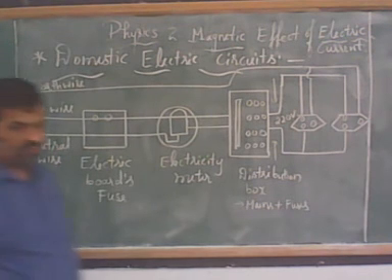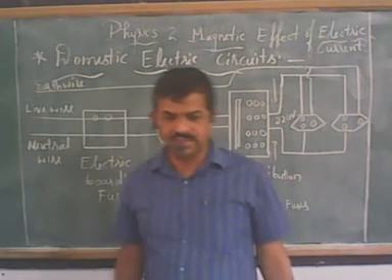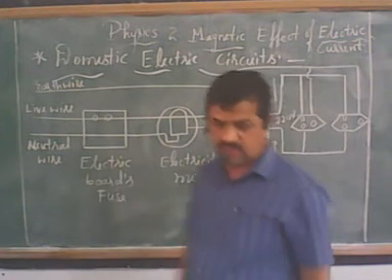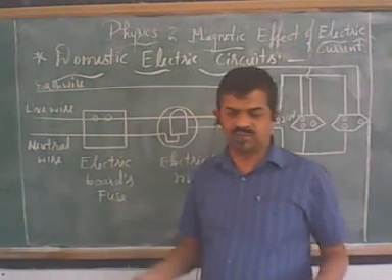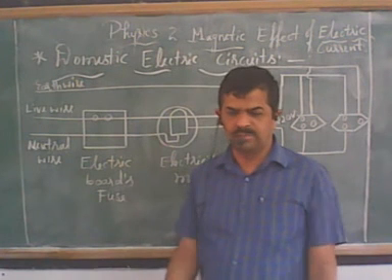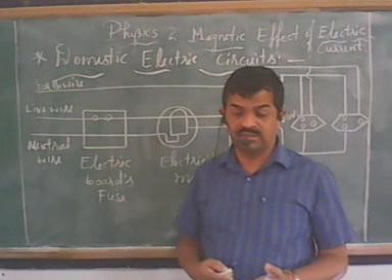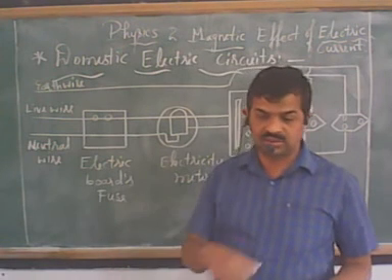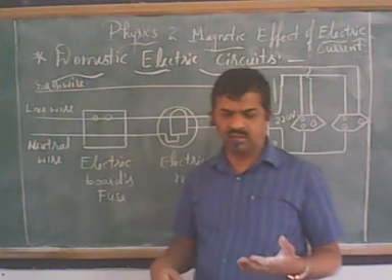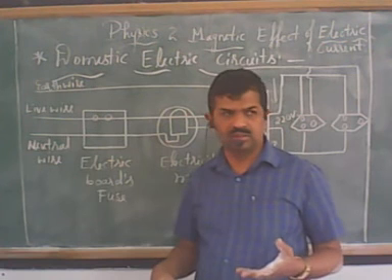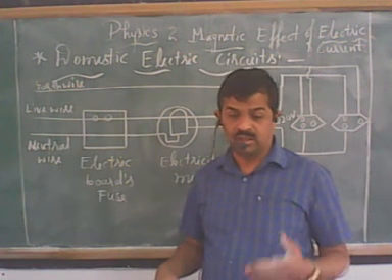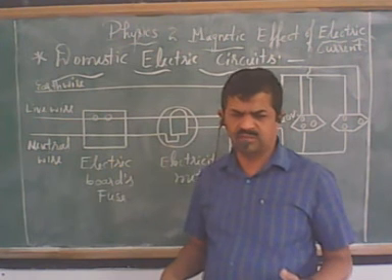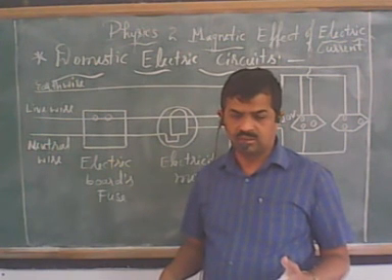Now see how to explain the domestic electric circuit. Normally, in domestic purpose we are using many electrical devices, starting from electric iron box, electric oven, washing machine, refrigerator, mixer grinder, table fan, toaster.